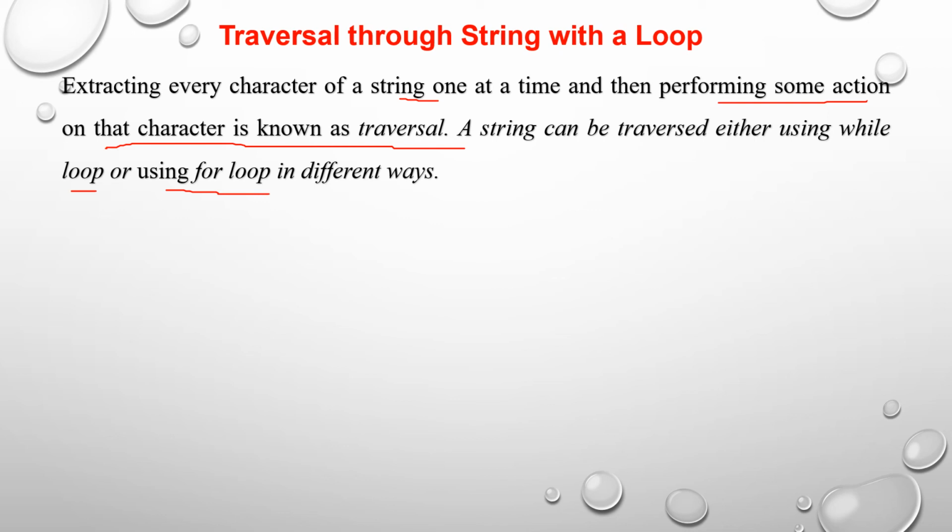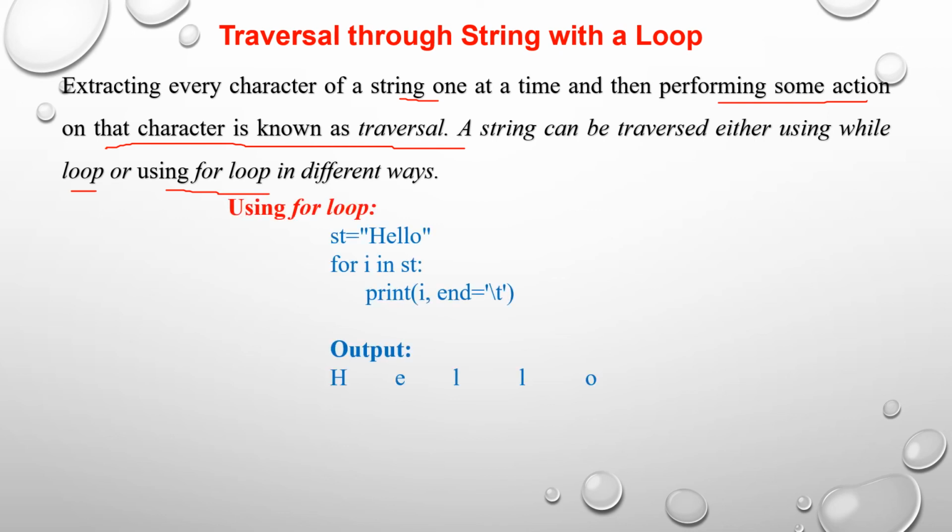For example, let's consider one for loop. Here the string is hello. We assign hello to the string variable st, and st is the variable name. By using the assignment operator, we assign hello to st.